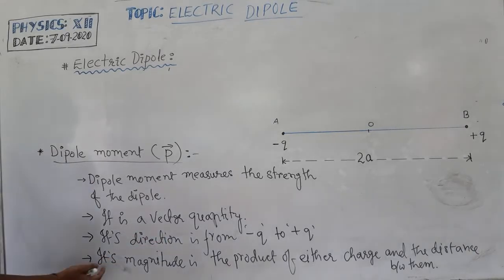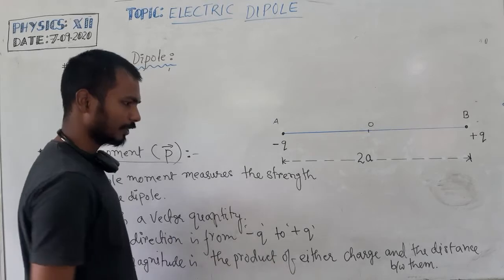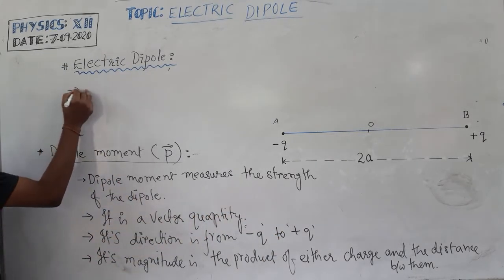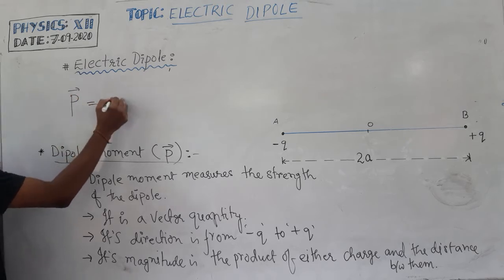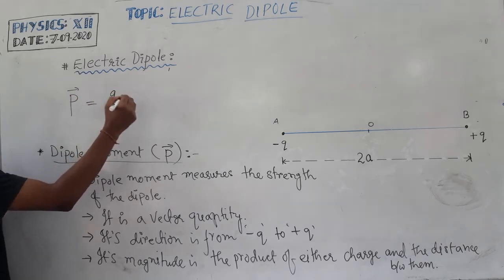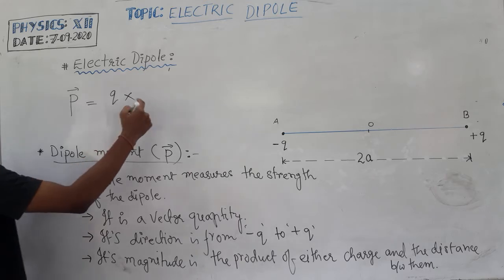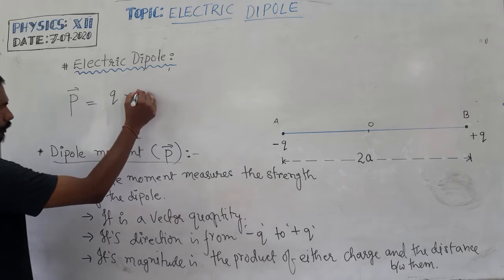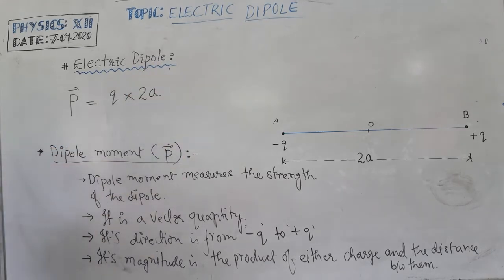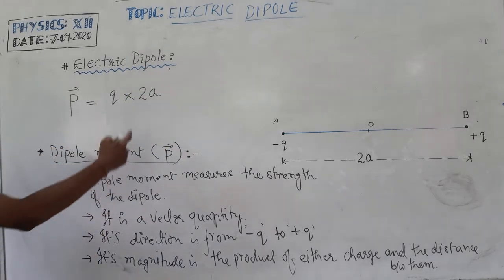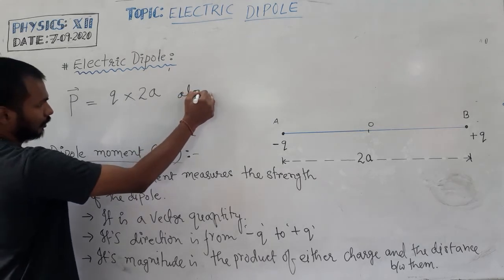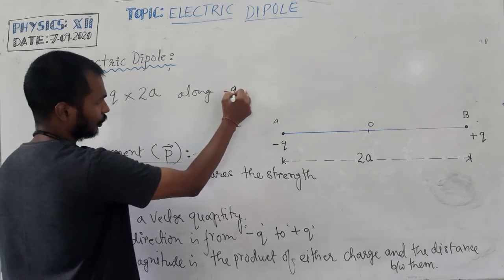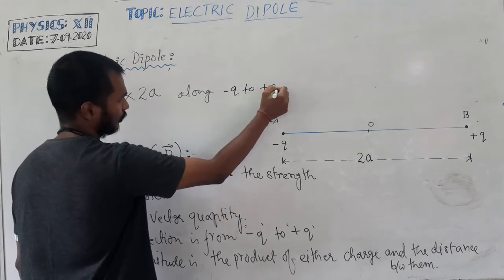So we can write p equals q into the distance between them, that is, 2a, and it is along minus q to plus q.